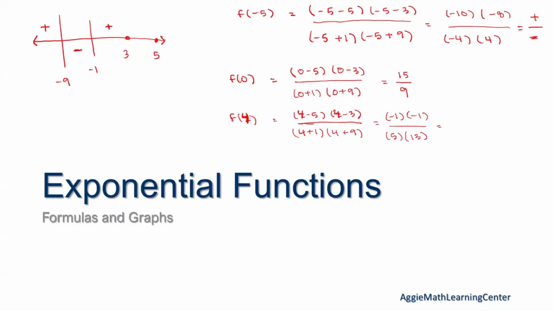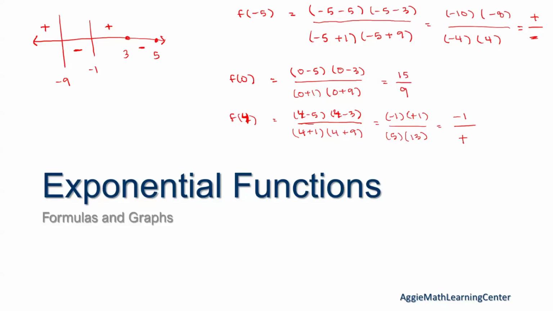Yes. Say that again. 4 minus 5 should be negative 1. 4 minus 3 is positive 1. Okay. Do we agree now? Okay, you guys have to speak up. So negative times a positive is going to be negative, in this case, negative 1. 5 times 13 is gonna be a positive. If we have a negative over a positive, what's gonna happen? Yep, okay, sweet.